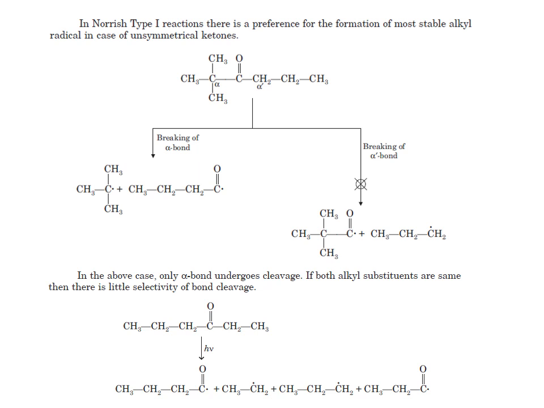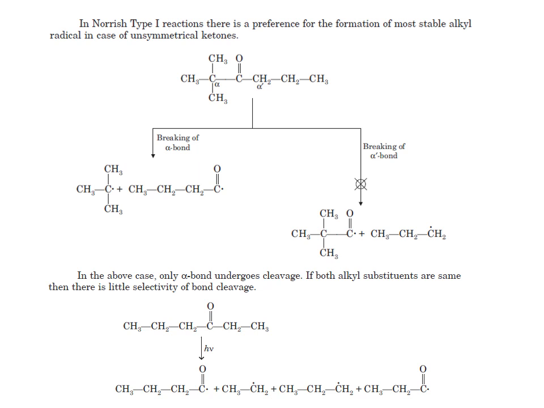Here there are two alkyl groups, that is an asymmetrical ketone, and the right side is a primary alkyl group and the left side is usually a tertiary alkyl group. Now the breaking of the alpha bond produces a tertiary radical and a primary acyl radical.